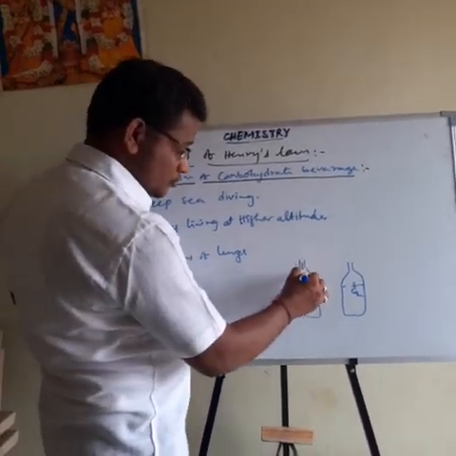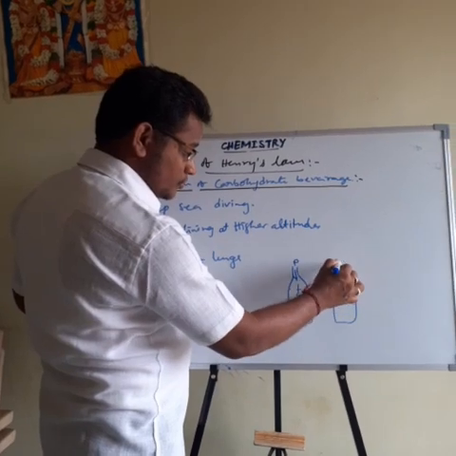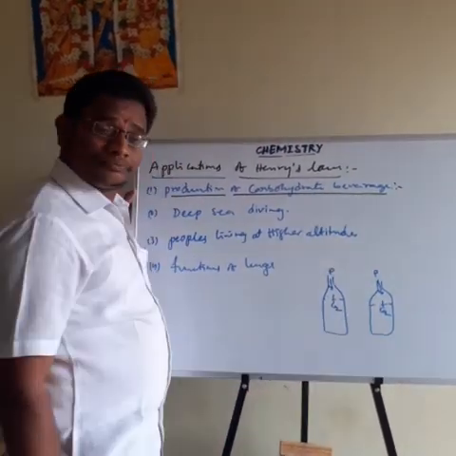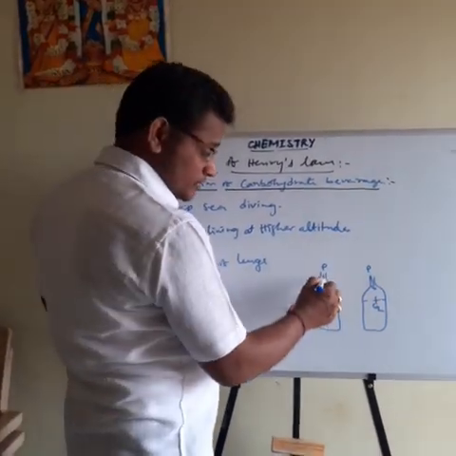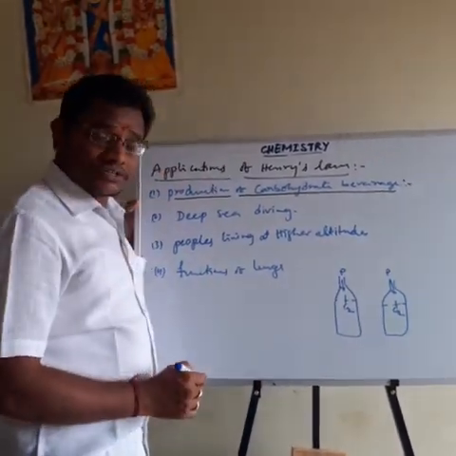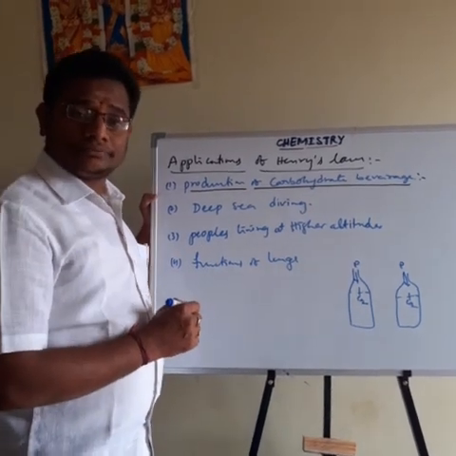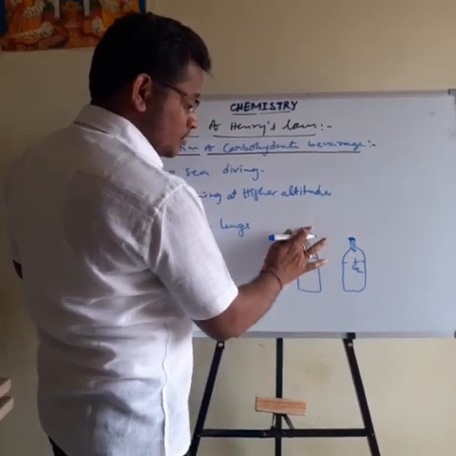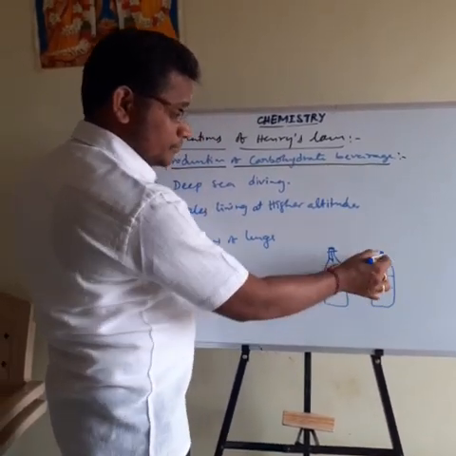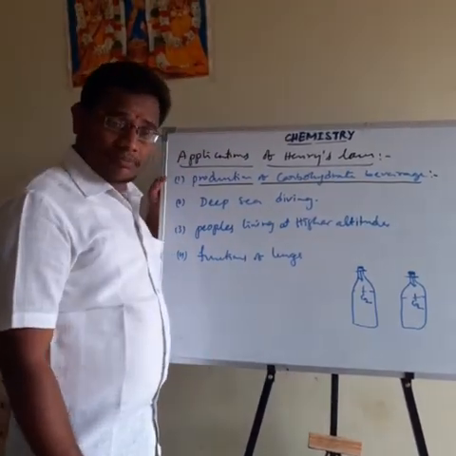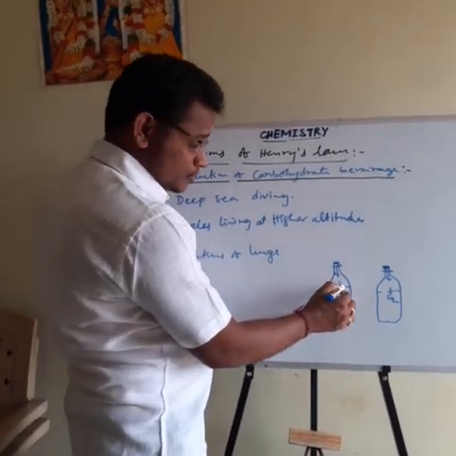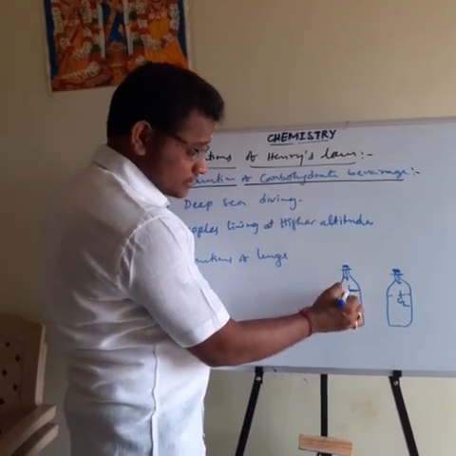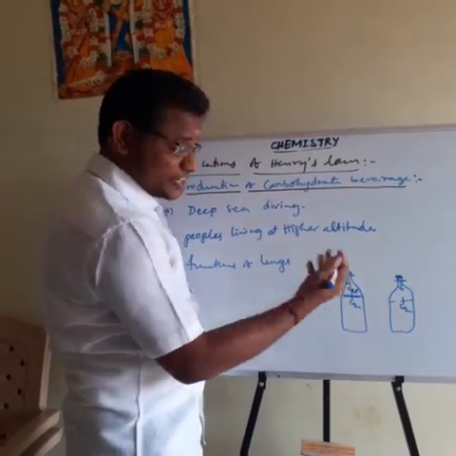If the pressure is more, the solubility of the CO2 in this liquid is increased. That's why soda bottles and soft drink bottles are sealed at high pressure. After that, whenever the bottles are opened, the partial pressure of the CO2 gas over the liquid decreases.